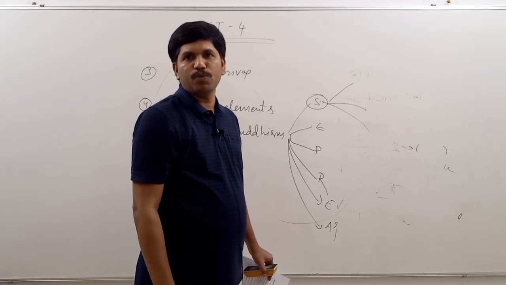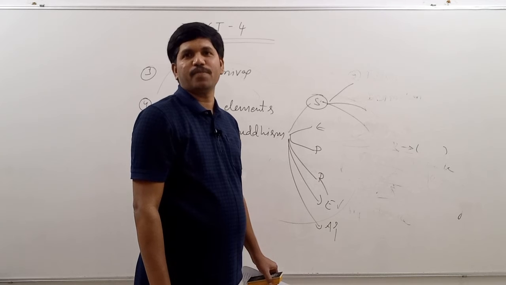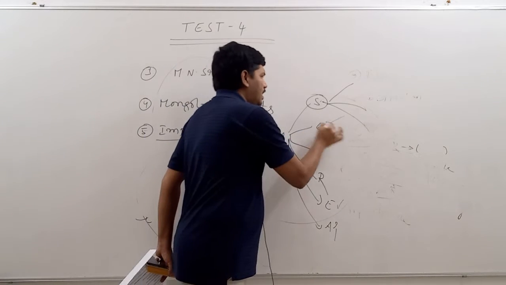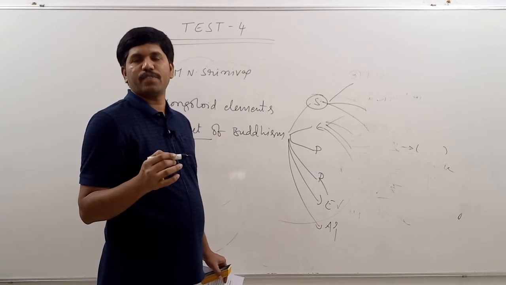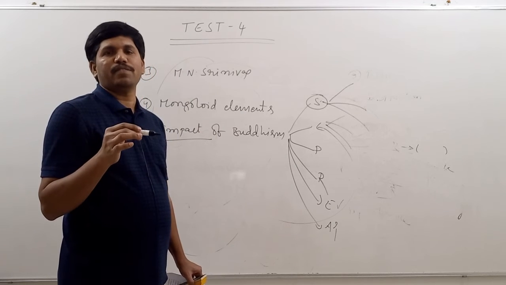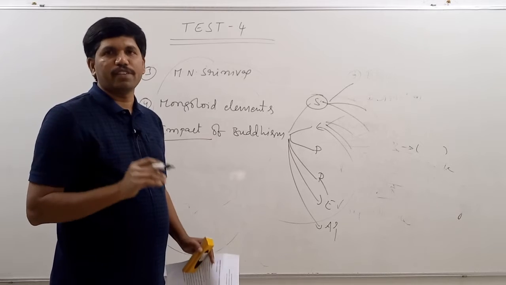They gave a death blow to Brahmanism. They contributed for equality. Like that, you can write. Like this, under each and every subheading, write in the form of points. Write the impact in the form of points. Then examiner can easily identify the points, so that we will get very good marks.